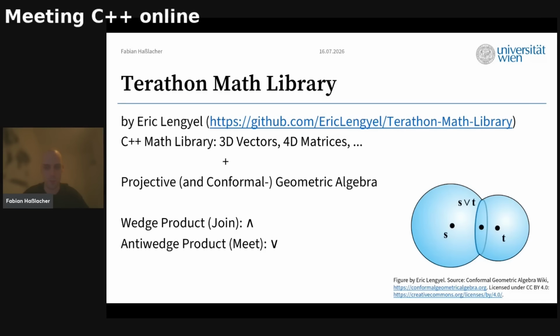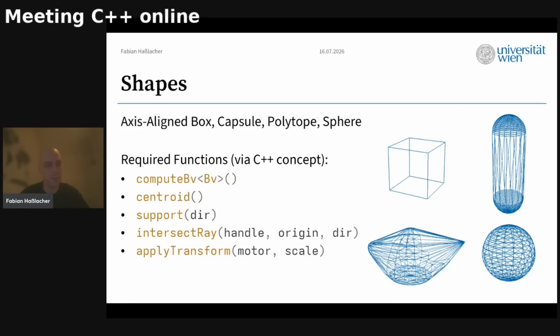So my library offers currently in its state four shapes: an axis-aligned box, which offers no rotation, a capsule, a polytope, which can be any set of points and faces, and a sphere. And the way I implemented this is through a C++ concept. So the required functions that those need to implement are listed here.